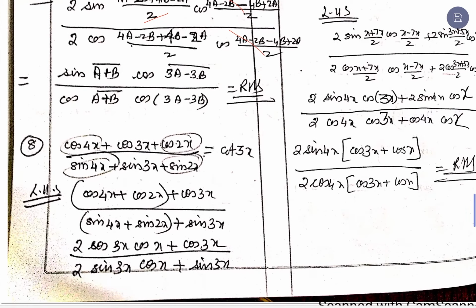Now, the next question we find that there are 3 terms. We had the sum of 2 ratios. Now, here there are 3 terms that says that we need to combine 2 at a time. Now, it is better we take up a combination where we find that the 2 combine to give a part of the leftover expression or the third expression. As here we have 4x and 2x.